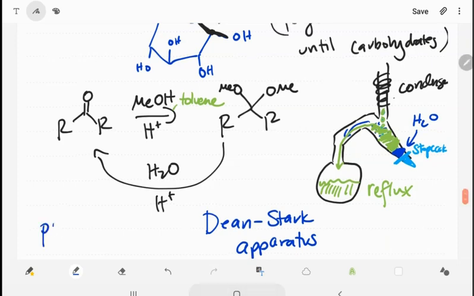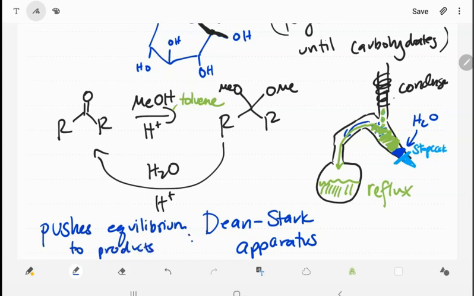So this essentially pushes the equilibrium to the products using something like this, or molecular sieves, or something else to grab the water. So maybe some sodium sulfate or something. So remember Le Chatelier's principle, you remove a product from your reaction, you therefore push the reaction towards the products.